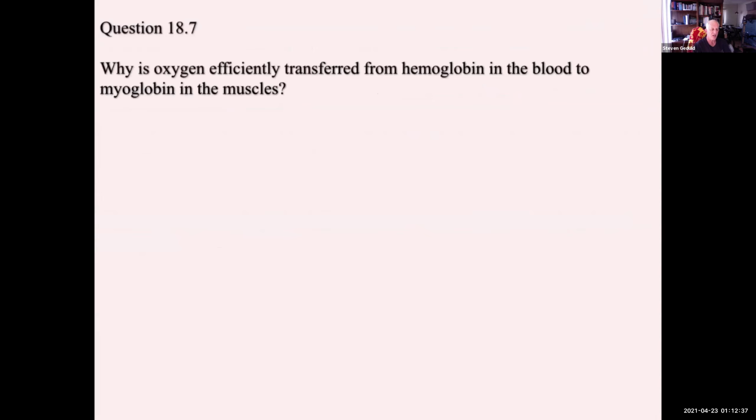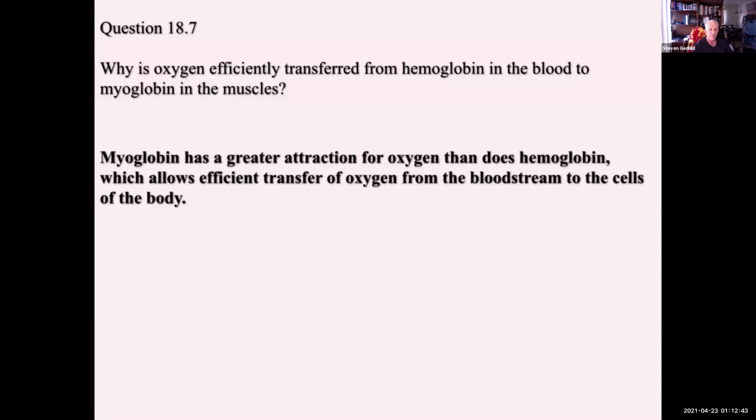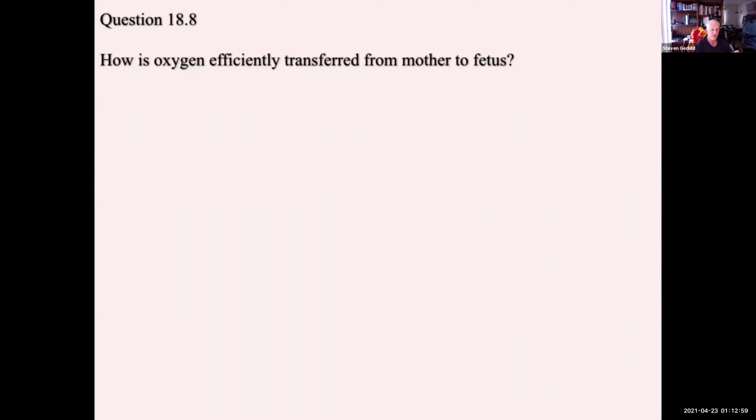Okay. So why is oxygen efficiently transferred from hemoglobin in the blood to myoglobin in the muscles? That's what we just talked about. Myoglobin has a greater attraction for oxygen than does hemoglobin. So it allows efficient transfer of oxygen from the bloodstream to the cells of the body. Okay. How is oxygen efficiently transferred from mother to fetus? We just talked about that too.